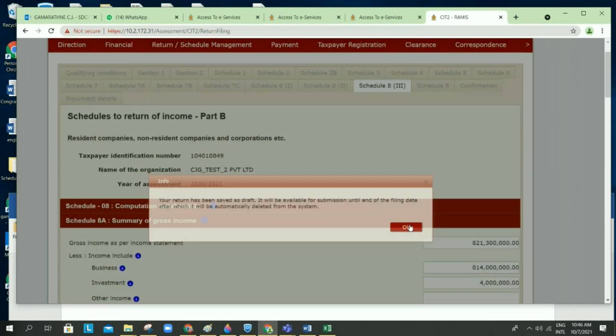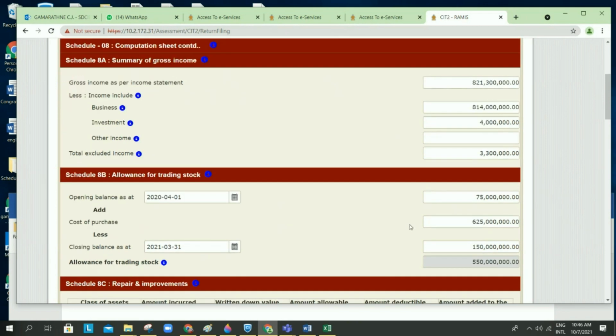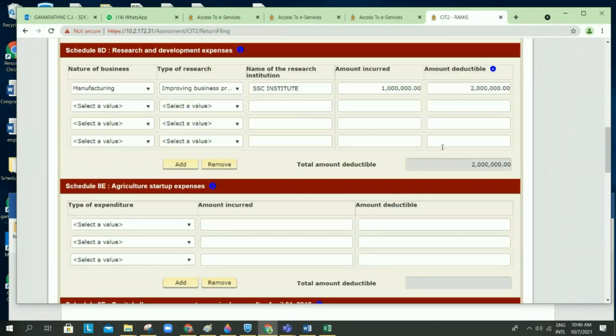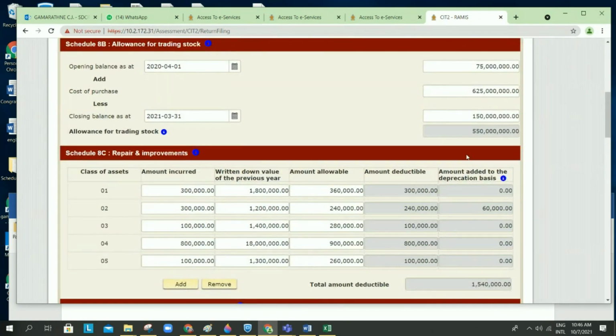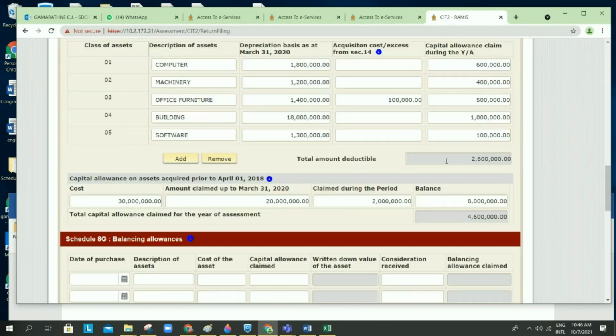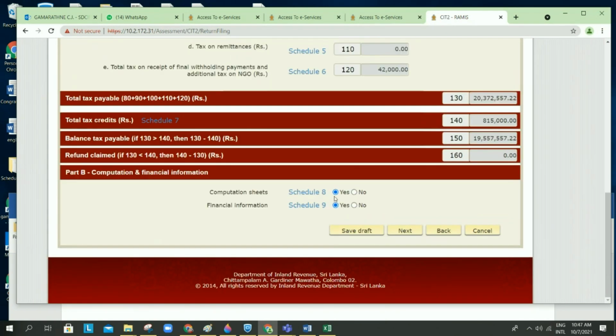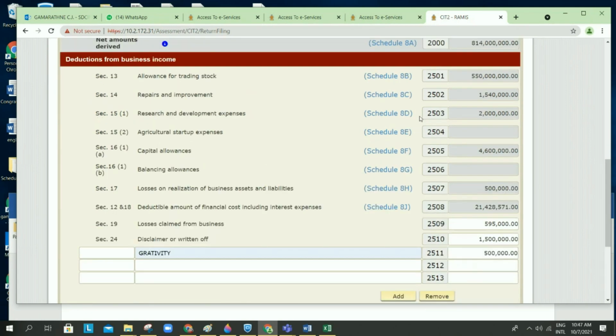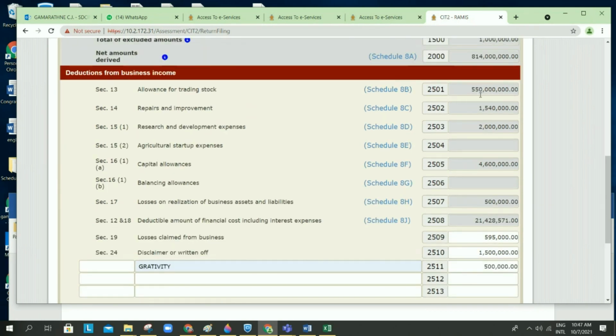Once you complete schedule 8B, this final value 550 million is automatically taken to the total calculations. If you just go to the 8, you can see, right, this completed 550 million, right?